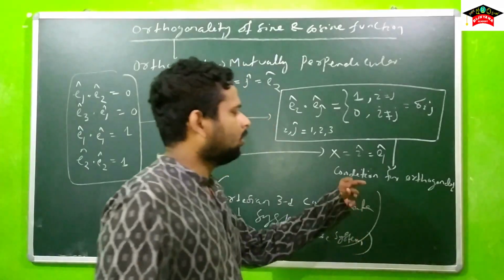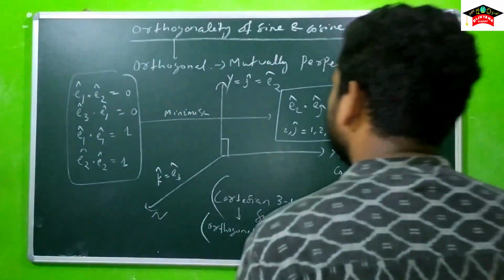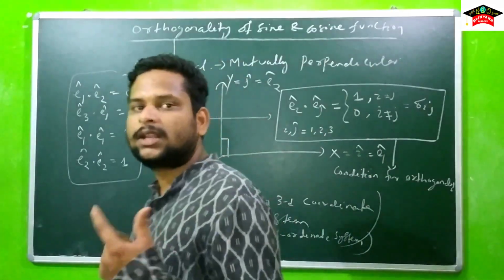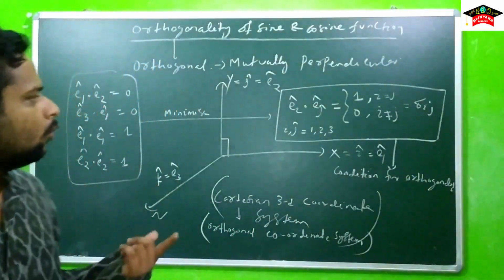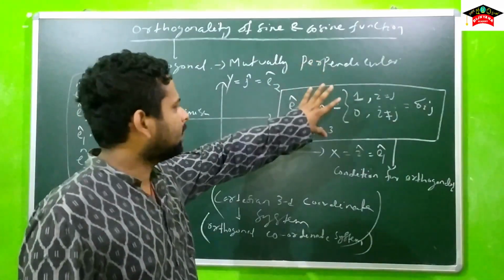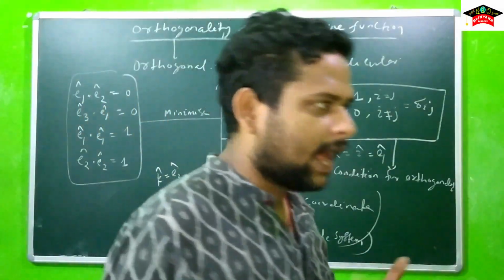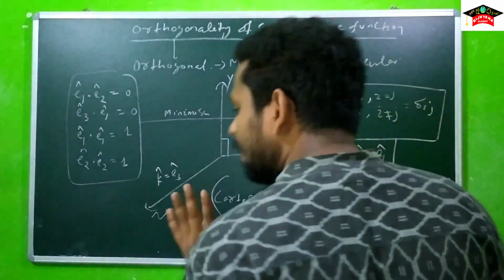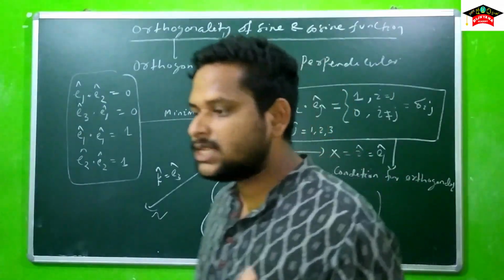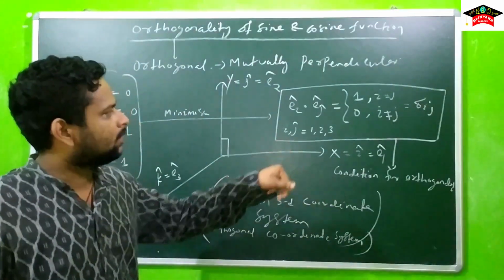This condition is the minimum requirement for a coordinate system, or a three-dimensional coordinate system, to be orthogonal. If this condition is satisfied, we can say each unit vector is mutually perpendicular, and the dot product of the same unit vector is 1. So that is the condition for orthogonality of a coordinate system.